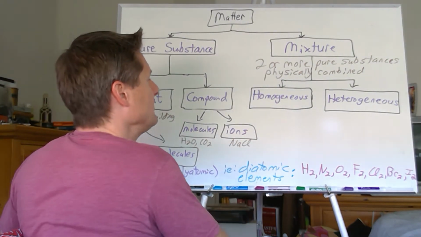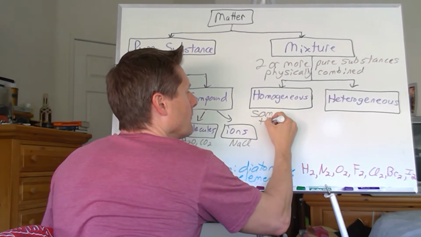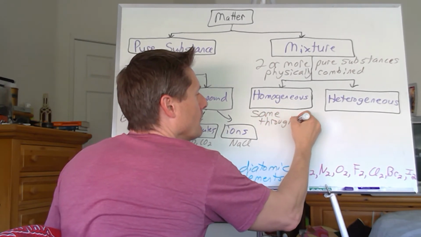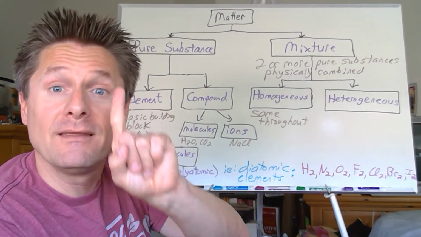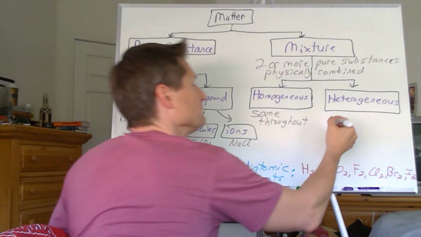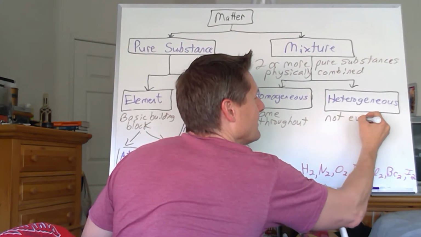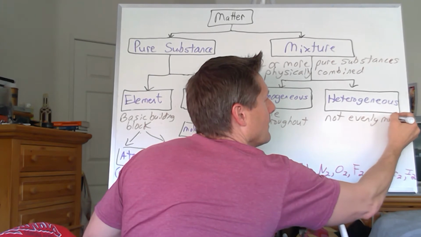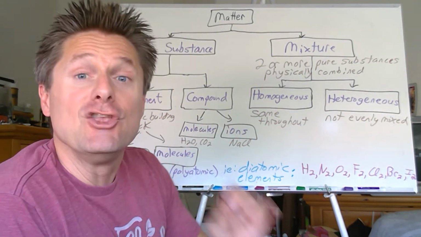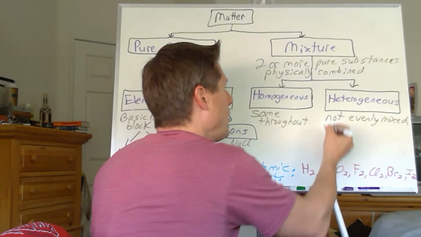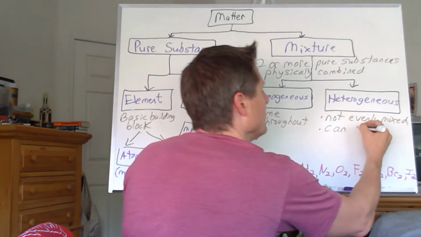So homogeneous means the same throughout. It looks like one substance. It looks pure. So heterogeneous is not evenly mixed, and you can see two or more pure substances.